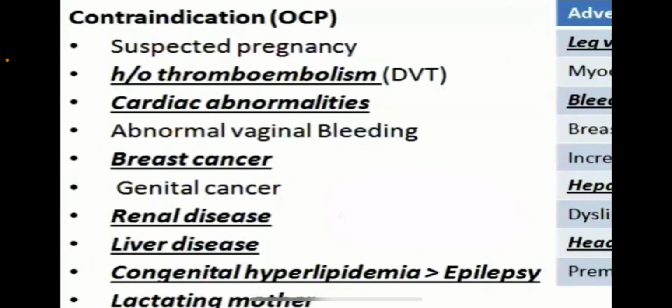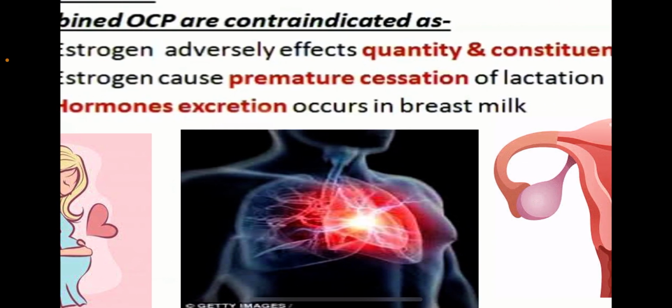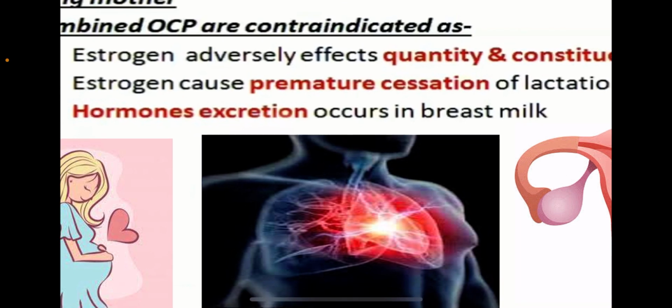Then we have history of thromboembolism, deep vein thrombosis in a woman, and cardiac abnormalities. We see the cardiac abnormalities if she has a previous myocardial infarction, history of stroke or hypertension, dyslipidemias, atherosclerosis.